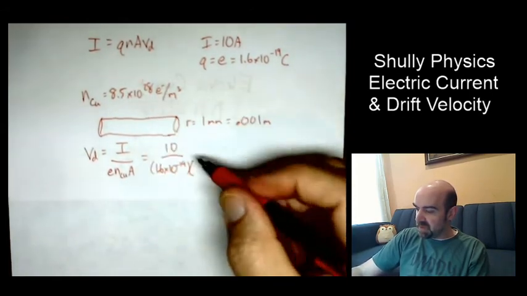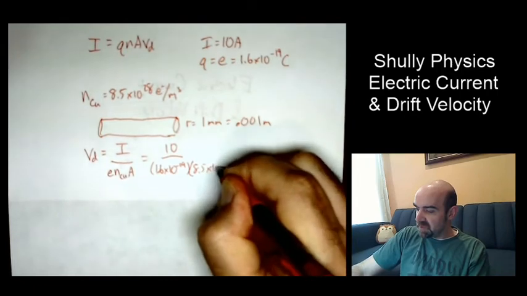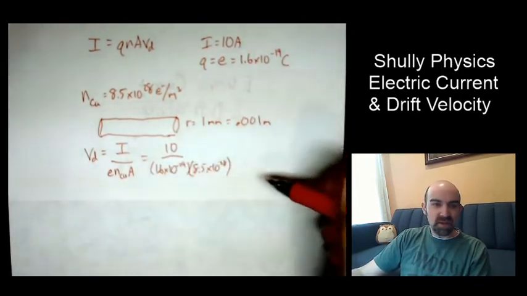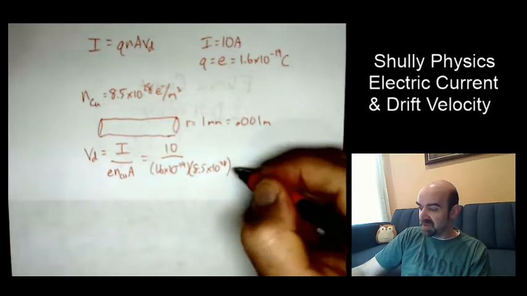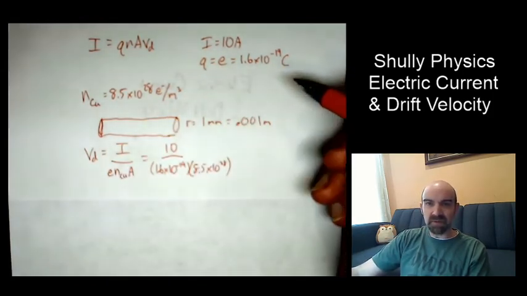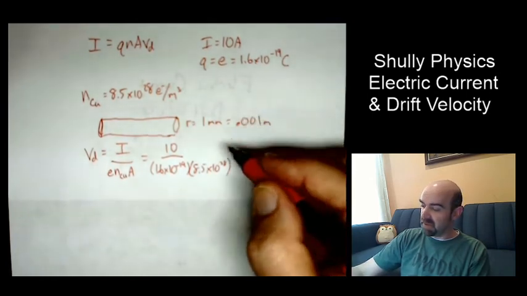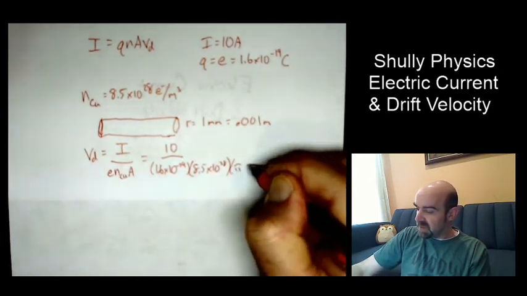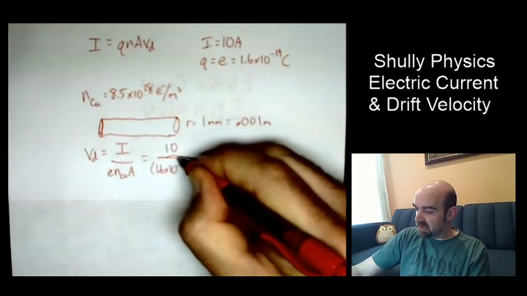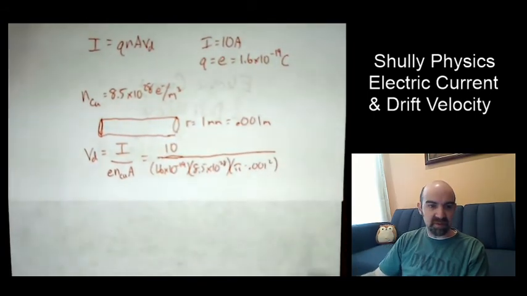The N value is 8.5 times 10 to the 28 particles per cubic meter. And A, we're going to assume here a cylindrical wire, so A is just pi r squared. There's a lot in that denominator there.